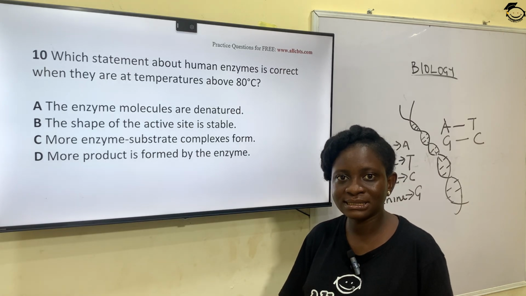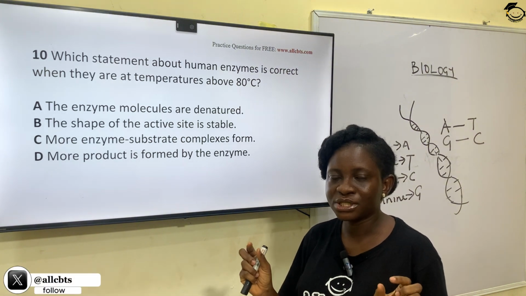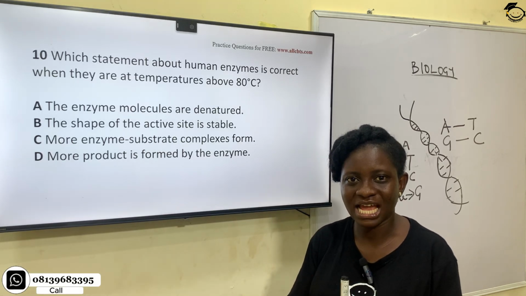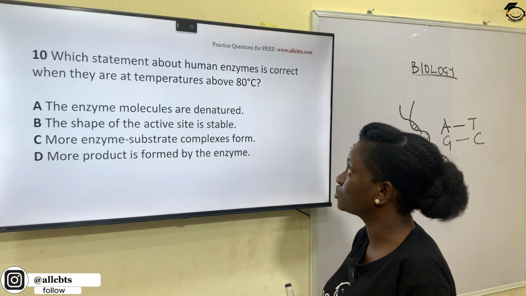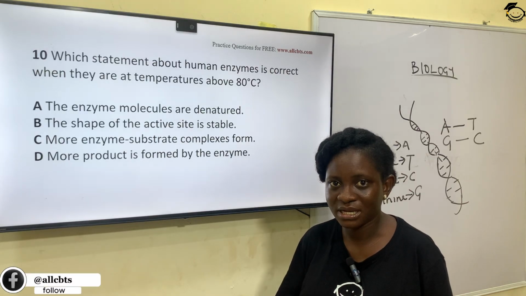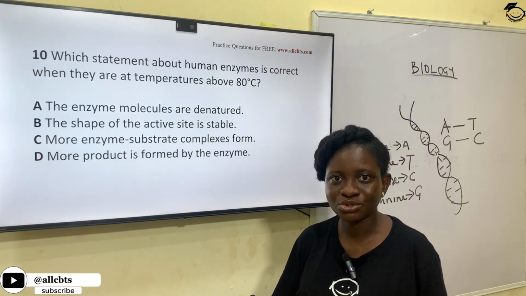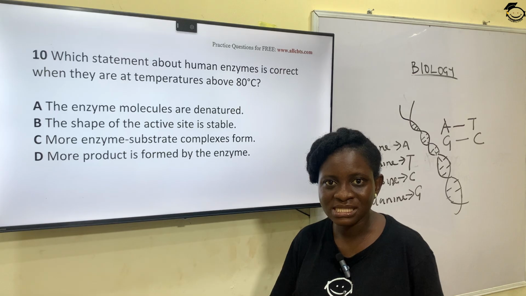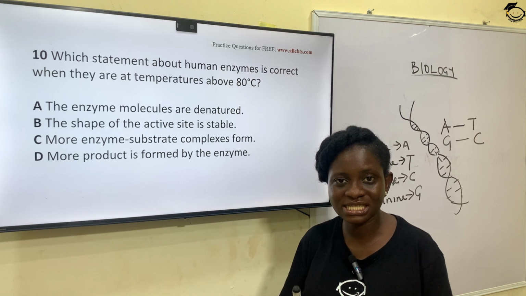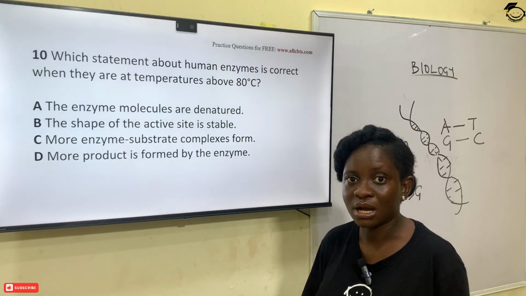For an enzyme to work, you need an active site, and the substrate has to bind to the active site of the enzyme to catalyze a reaction. Once the enzyme is subjected to a very high temperature, it can denature the enzyme. It can alter the structure and even the active site. The substrate will not be able to bind to the active site of the enzyme. That means no product will be formed, no reaction will happen.